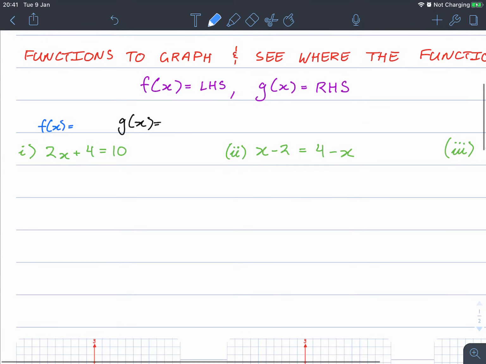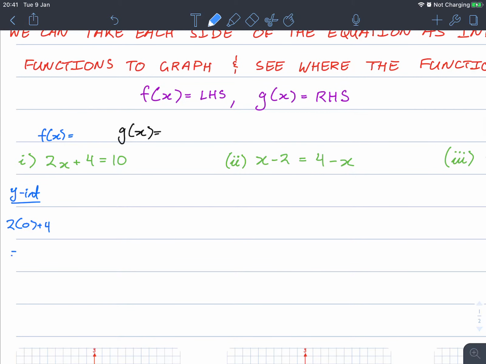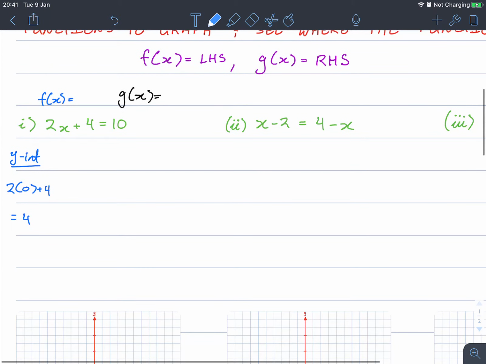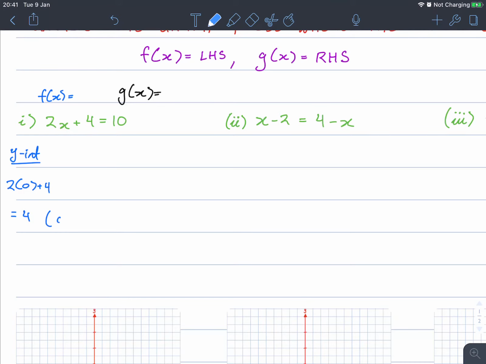For f of x, I'm going to find the y-intercept at x equals 0. It's 2 times 0 plus 4, which is equal to 4. So my y-intercept is at (0, 4).